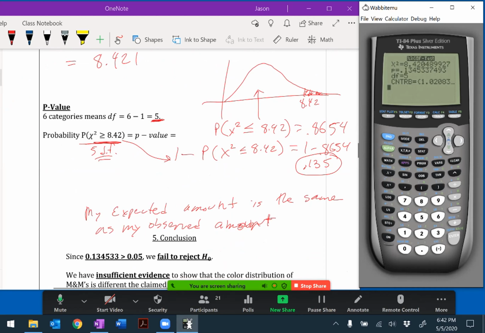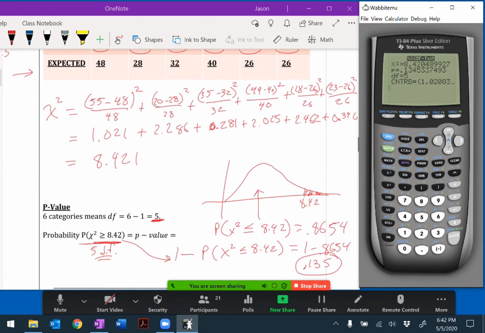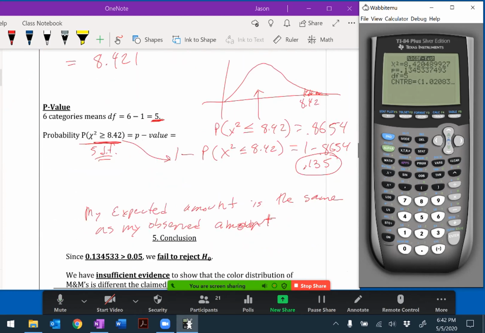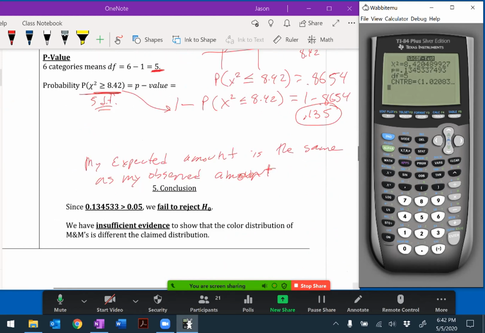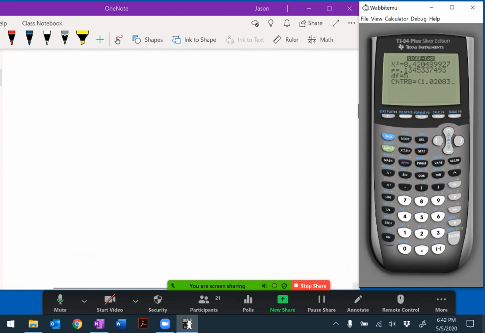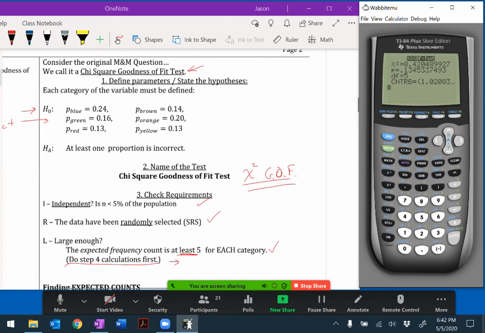Same p-value, same chi-squared. The calculator did it for us. We fail to reject, which means all of these values for the null hypothesis are correct values.